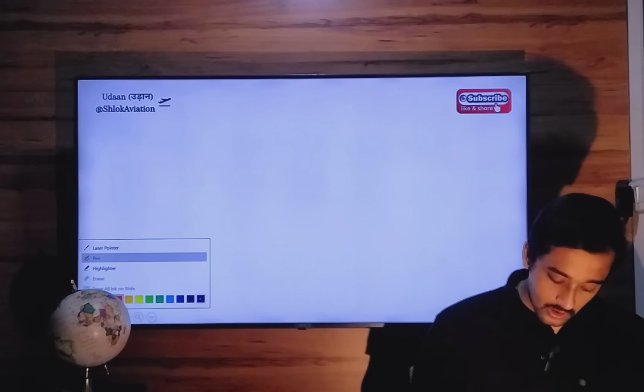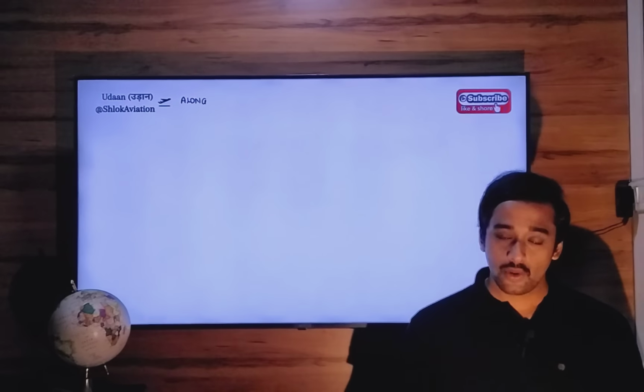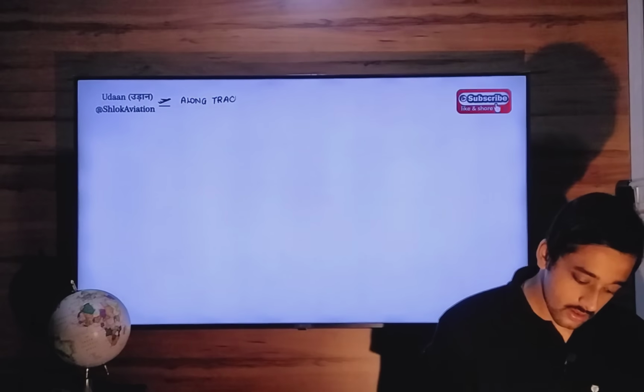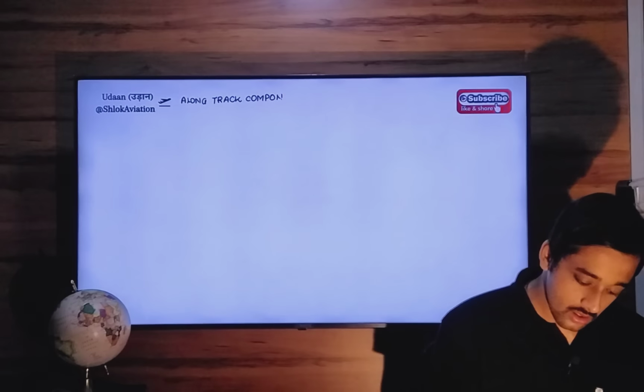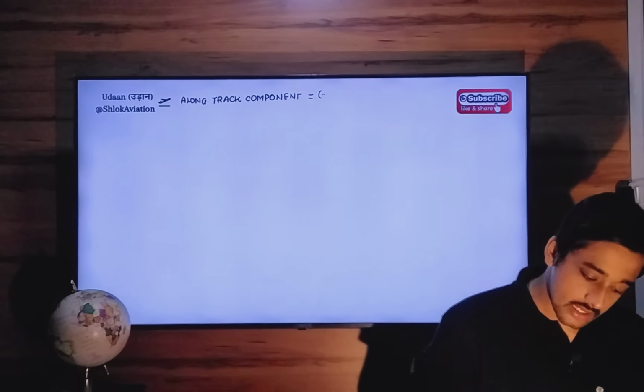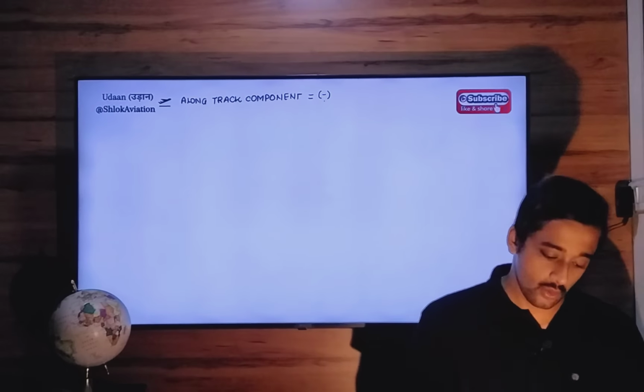So for headwind component, the formula is: headwind component is the along-track component, which is equal to minus wind speed into cos theta. Here the minus sign stands for the headwind.